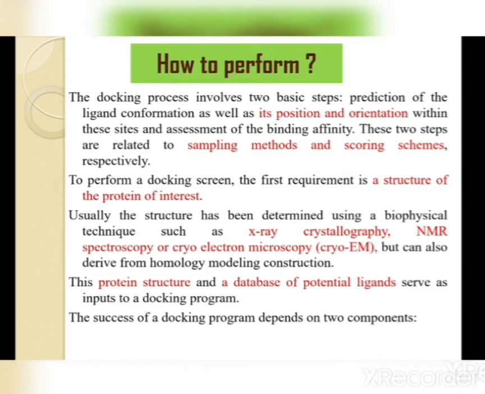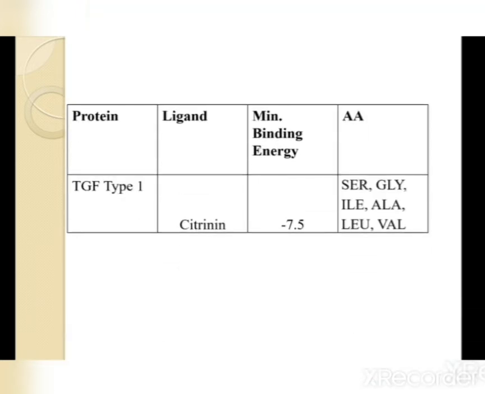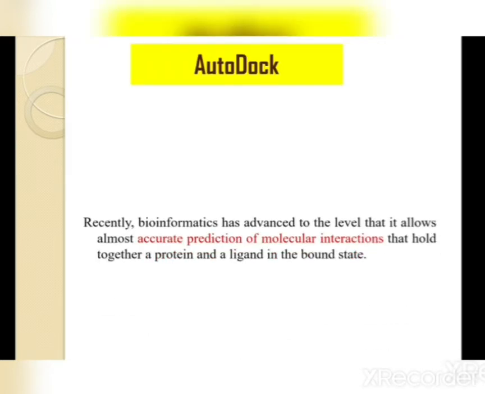The success of a docking program depends on two components: the search algorithm and the scoring function. These two depend only on the ligands and the proteins. In this example, protein TGF type 1 with ligand citrulline has a minimum binding energy of minus 7.5, and amino acids are available.